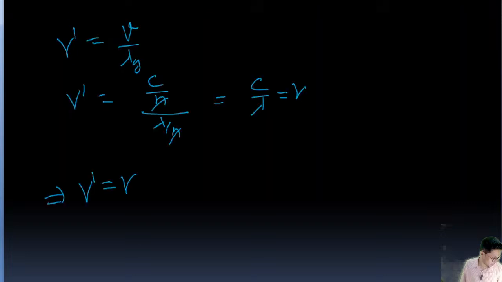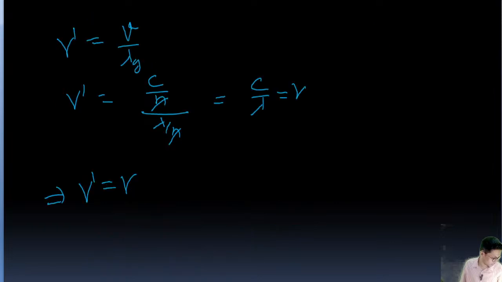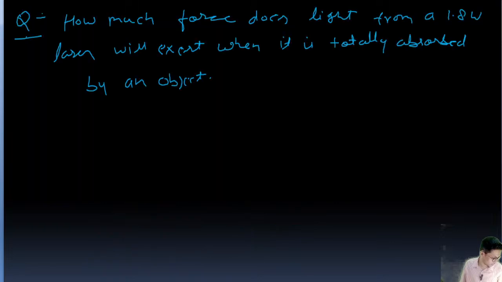In the totally absorbed case, I have told you the force is P upon C, where P is the power. Here F is the force exerted. Also, guys, this is the case of normal incidence.